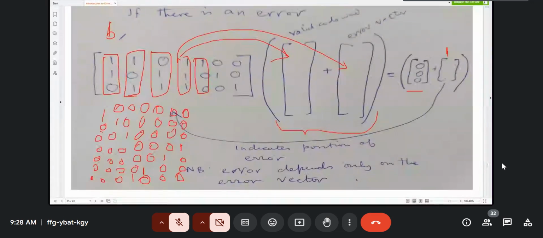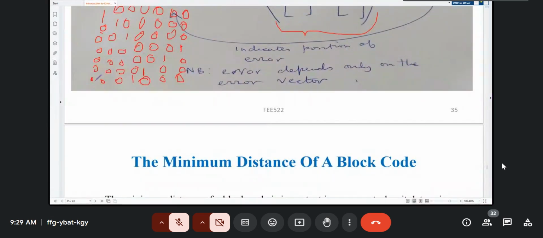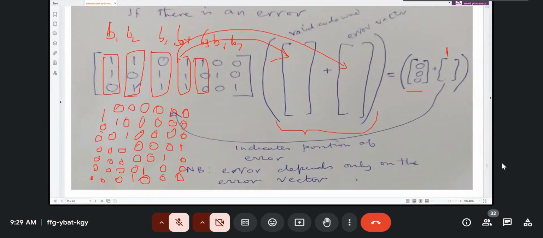Let's call it bit 1, bit 2, bit 3, bit 4, bit 5, bit 6, bit 7. So you have a lookup table that tells you, if you get this, then the receiver has been told which bit is in error, and you just flip your bit.